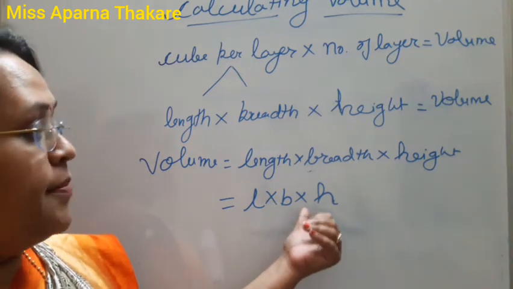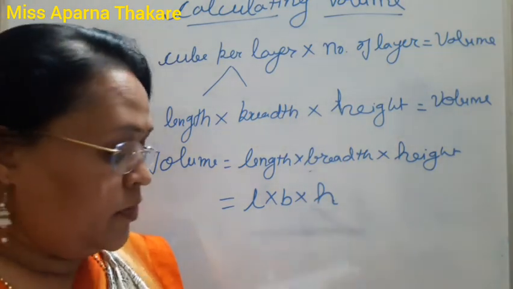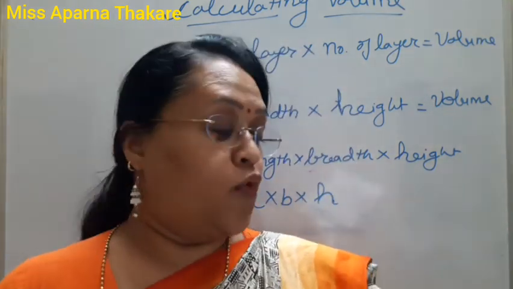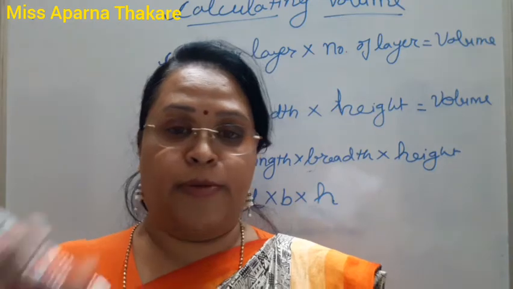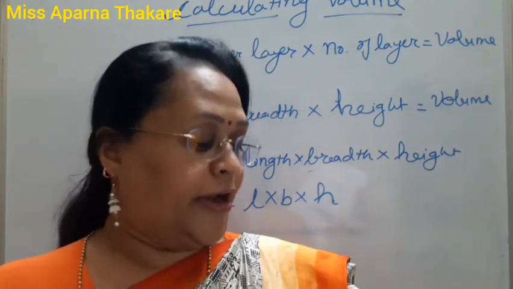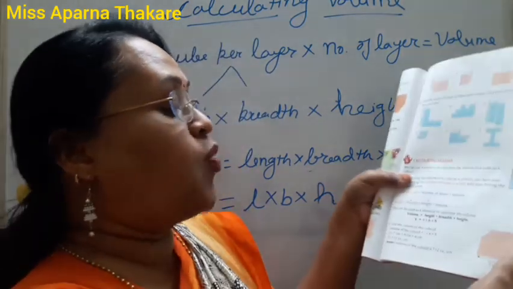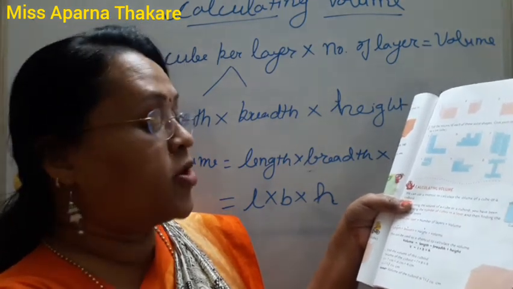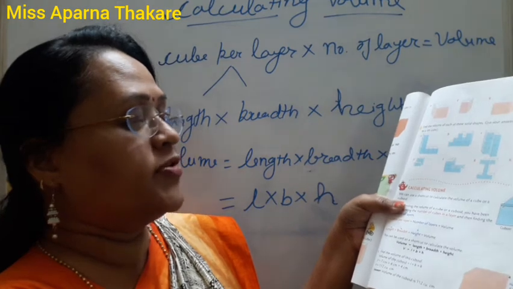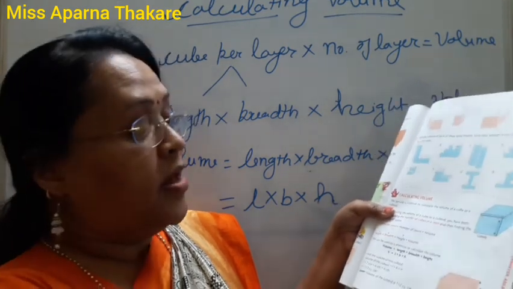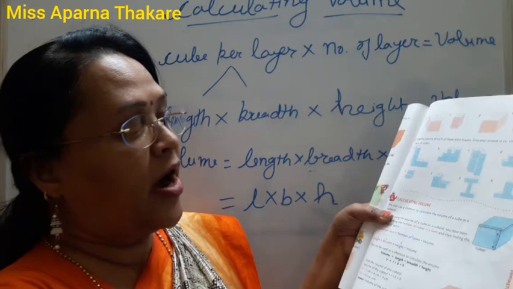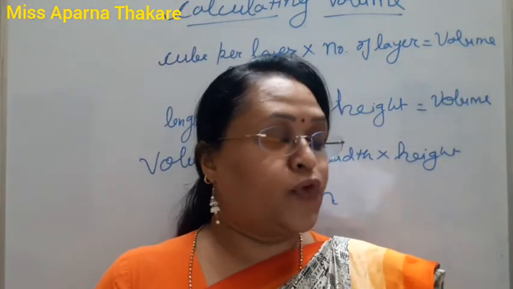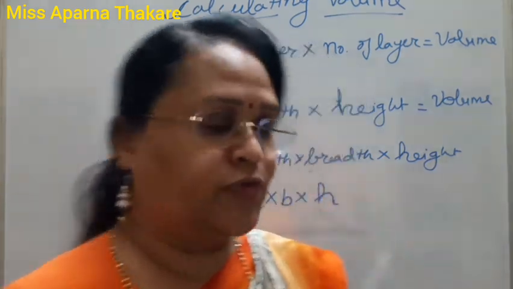L multiplied by B multiplied by H. Here in this box the length is given; how many boxes are there? 1, 2, 3, 4, 5, 6, 7. So 7 centimeter. The breadth is 4 centimeter and the height is 4 centimeter. Find the volume of the cuboid. Okay, we will see that one first.